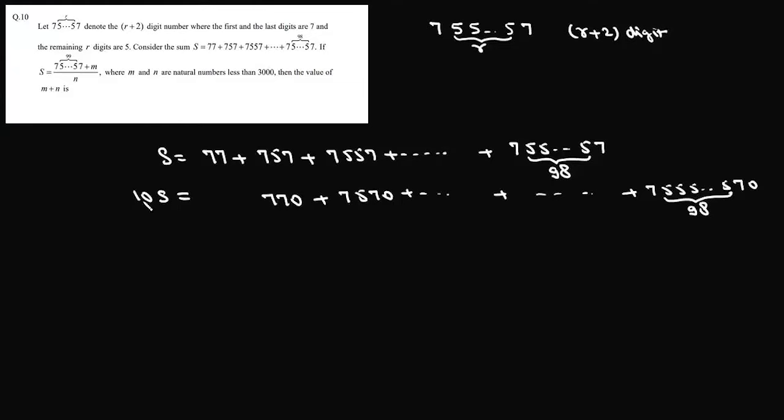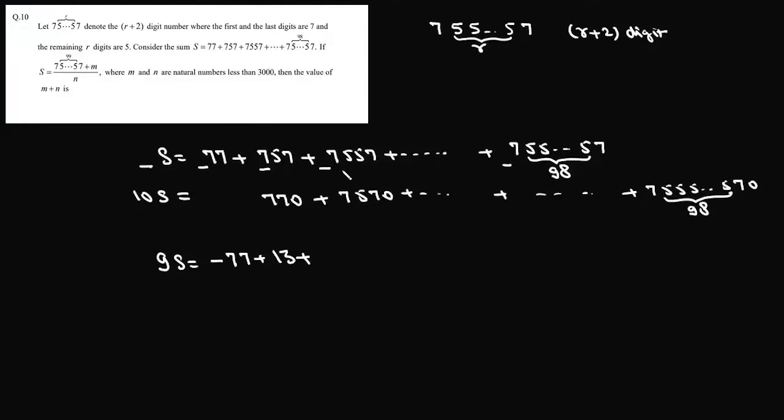Now what we'll do is we'll subtract first from second. 10S minus S is basically 9S. Now this is minus 77. Now 770 minus 757, essentially this is 70 minus 57, so it will be 13.